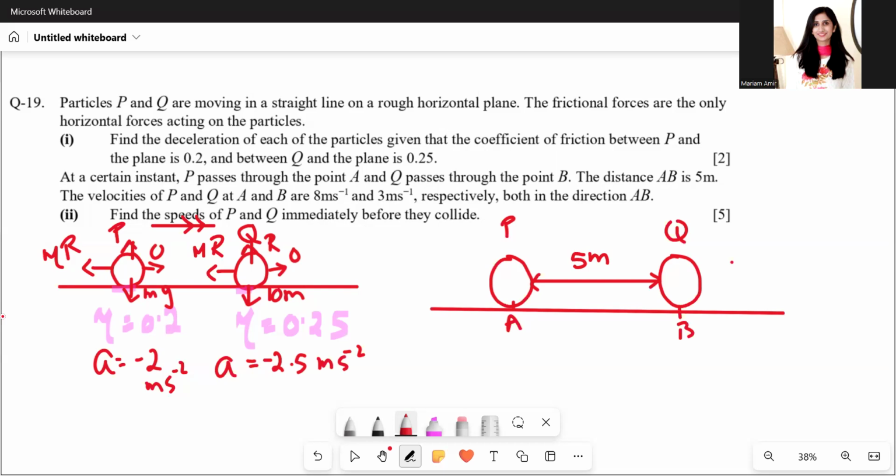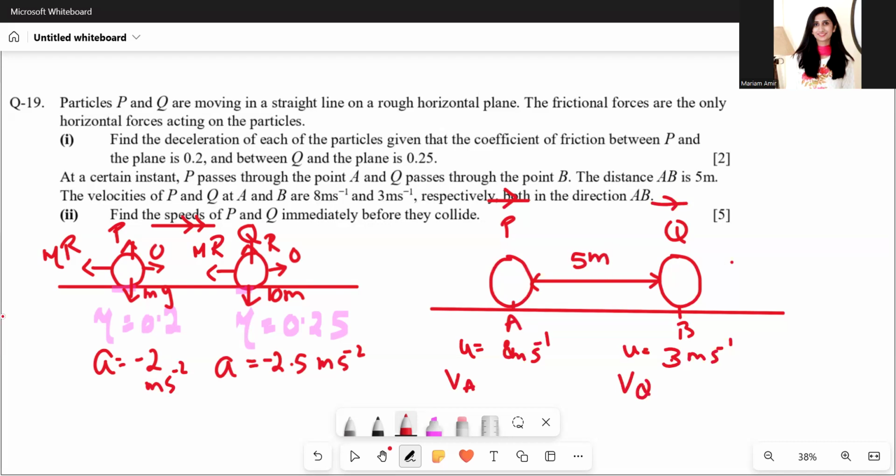The velocities of P and Q at A and B are 8 and 3. So here it's 8 and here it's 3, respectively, both in the direction of AB. So both are traveling in the same direction. Find the speeds of the particles immediately before they collide. So this would be u, and we need to find the v's of both particles, vP and vQ.